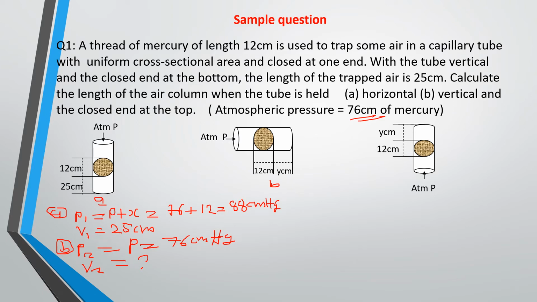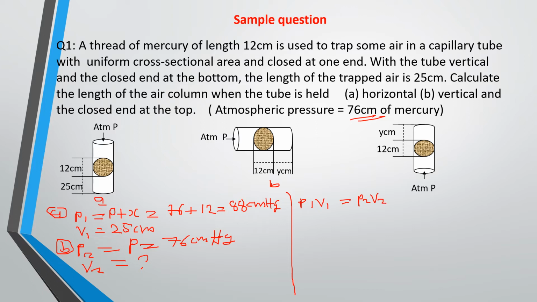Then your V2 is what you are looking for. So applying Boyle's law, you have P1 V1 equals P2 V2.